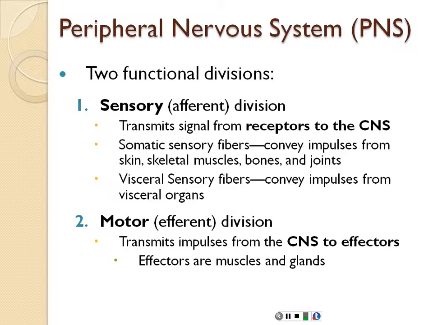It means away from the CNS. So if you look up here, it says the sensory division is further divided into somatic sensory and visceral sensory division. So you not only have a sensory division, can you all see that?